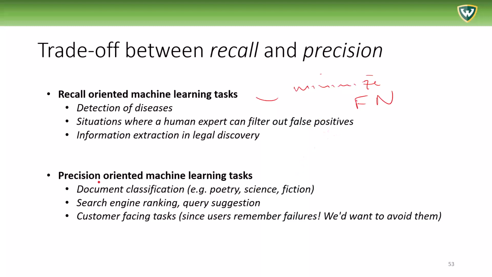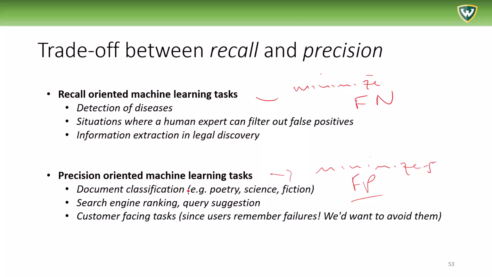Now, precision-oriented machine learning minimizes the false positives. So you ensure that if you classify or identify something, it's not a false positive, it is really there.